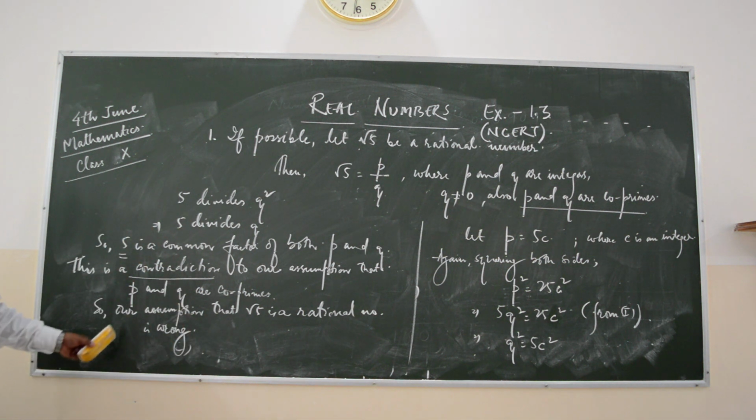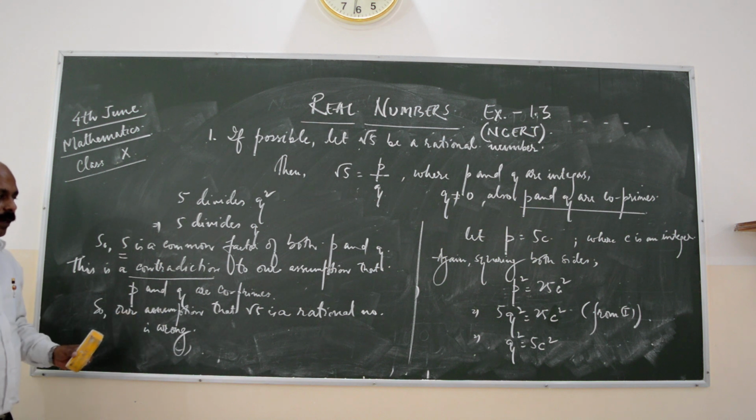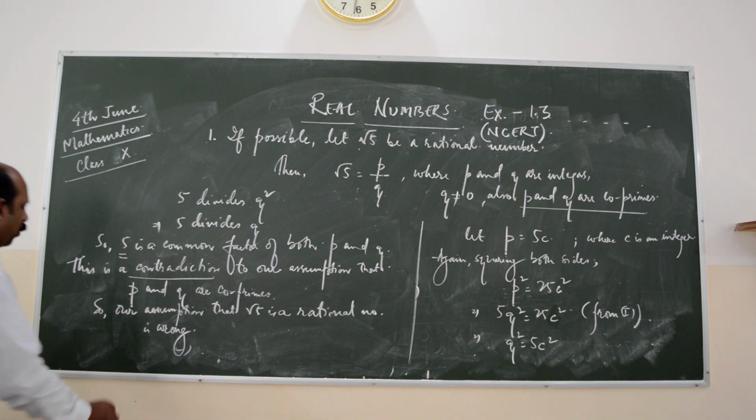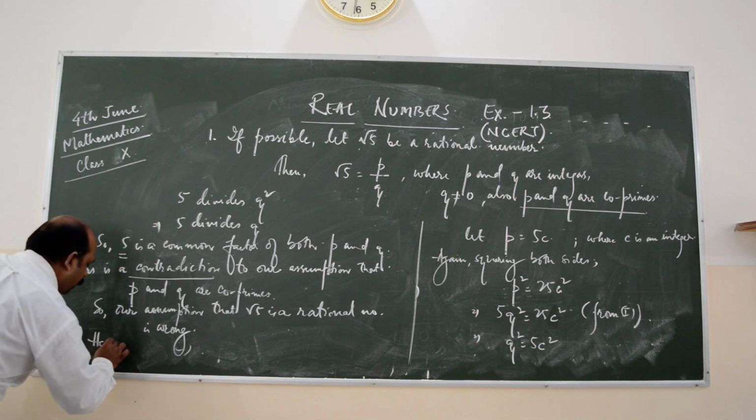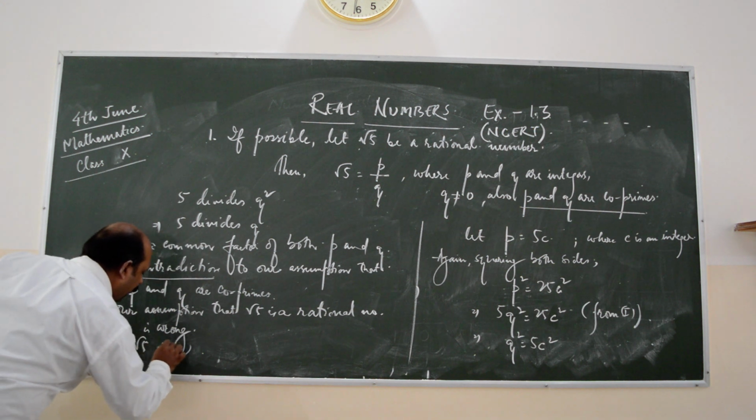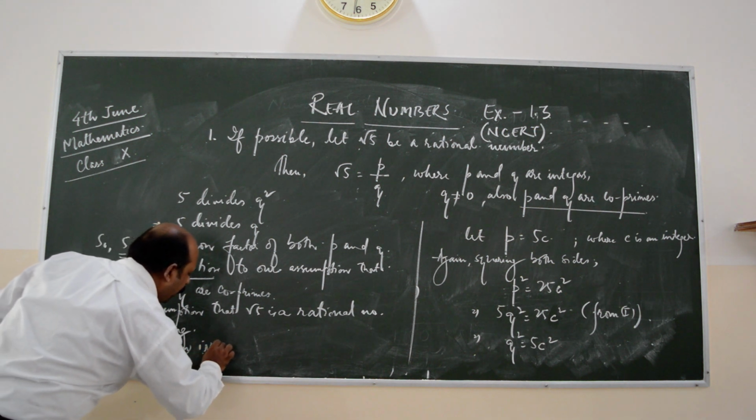So this contradiction arises because of the wrong assumption. So what do we conclude? We conclude that hence root 5 is an irrational number.